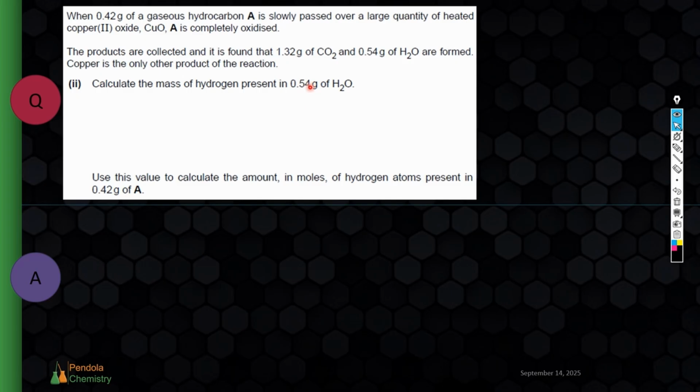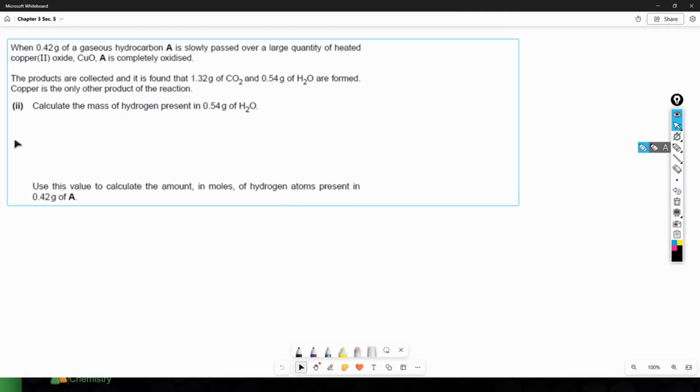It's very similar to the problem we did earlier, but we want to cover our bases here. So let's look at this question. Calculate the mass of hydrogen present in 0.54 grams of H2O. Use the value to calculate the amount in moles of hydrogen atoms present in 0.42 grams of A.